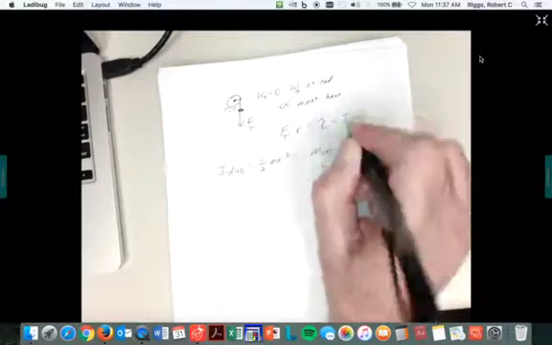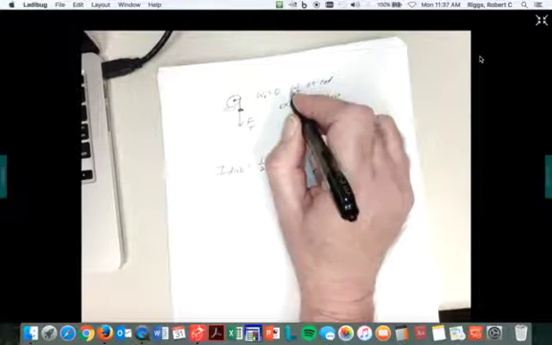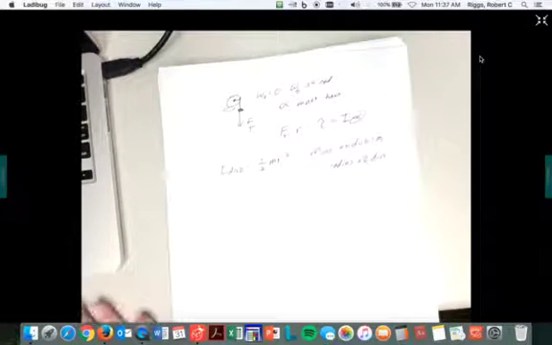So there's my acceleration that's going to happen over a short amount of time to get this omega final.